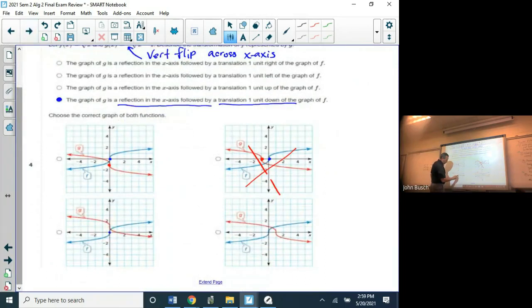Here's the original. Here's the reflection. That's up 1. It's not that one. Here's the original. Here's the reflection. That's to the right one. It's not that one. This is the only one that goes down. And you can see it's flipped because the right side goes down and the left side goes up. So this has a vertical flip also. So this is definitely it. And again, graph it on your calculator. Just look at it.